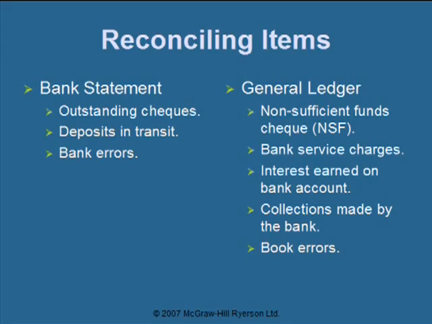And then we can have bank errors. Items that could change the general ledger cash account could be an NSF check written by a customer, a bank service charge, interest that was earned on the company's bank account, or interest expense taken out of the company's bank account for a loan, collections made by the bank from customers, or errors made by the bookkeeper.